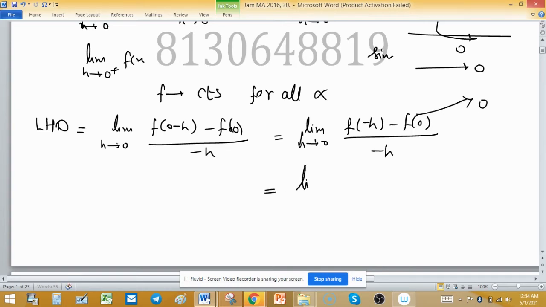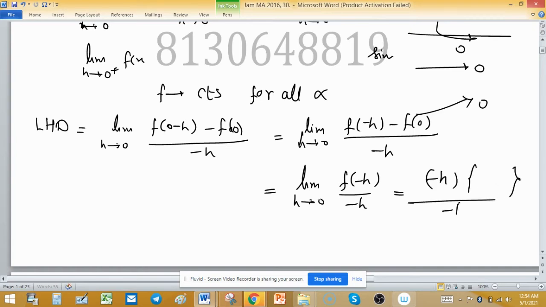So this is the limit h tends to 0 of f of minus h divided by minus h, and f of minus h is minus h times the bracket, so minus h cancels out. What is left is limit h tends to 0 of 1 plus minus h raised to the power alpha sine of log of minus h square.